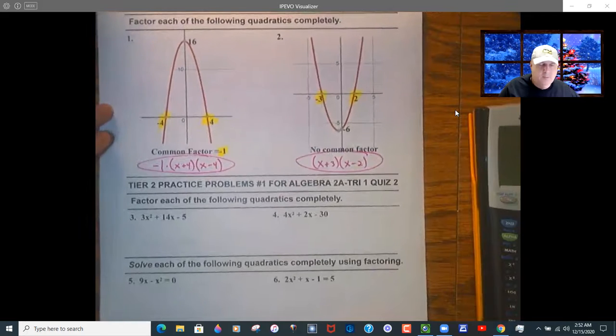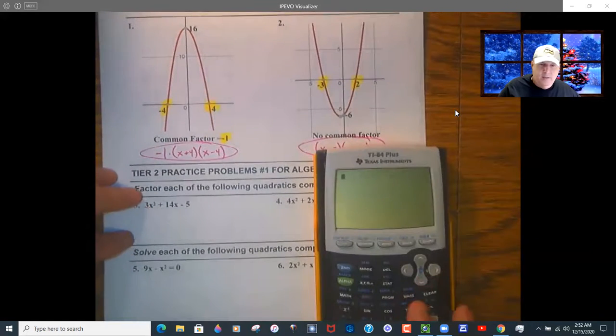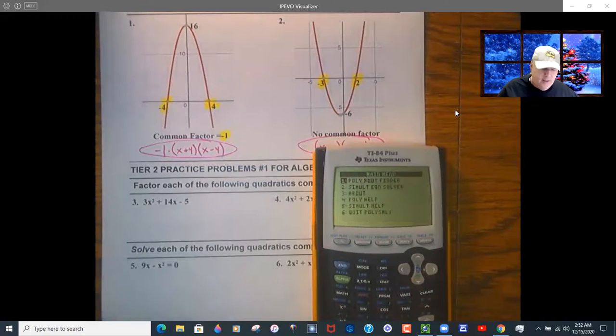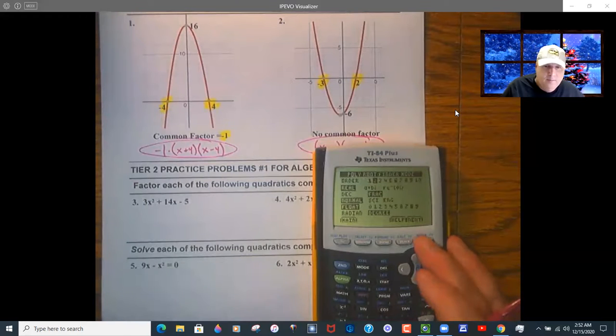Pretty straightforward. On 3, 4, 5, and 6, you need to use a root finder, which the best one is the polysimult on the school calculators or your own. Just make sure you have 2 as the order.